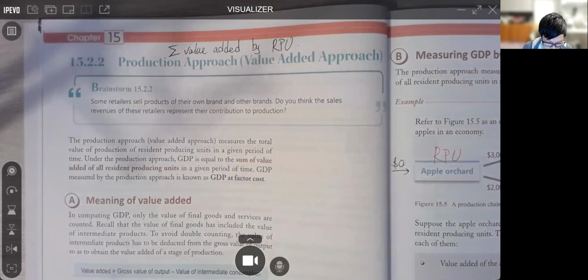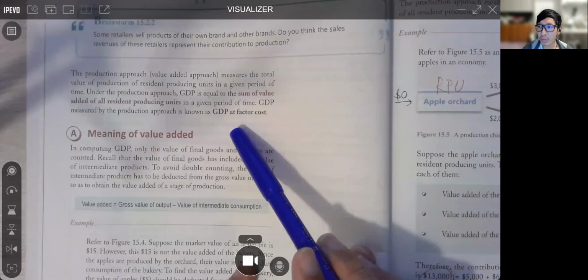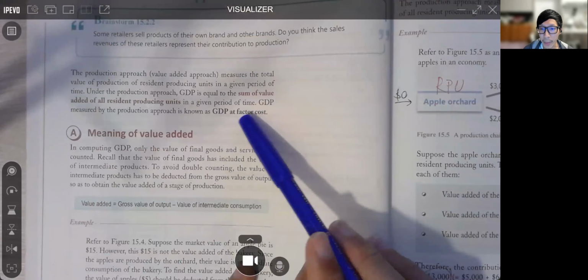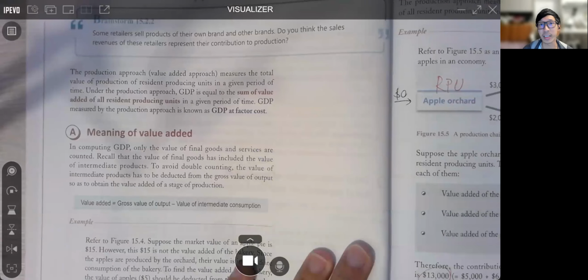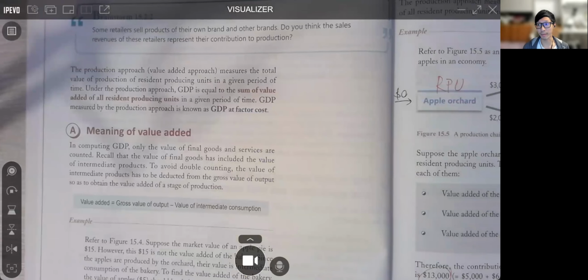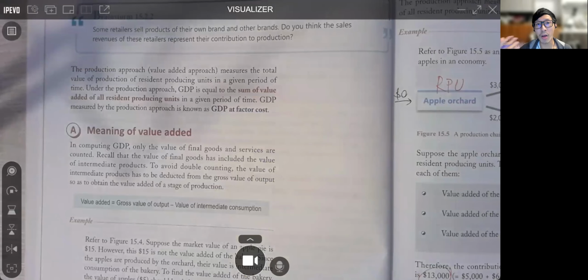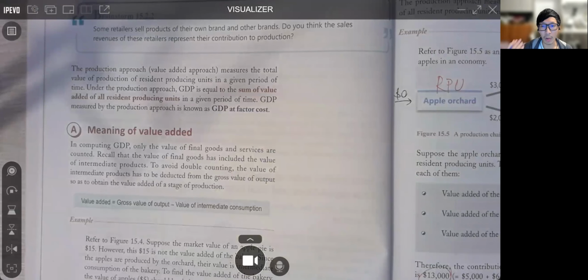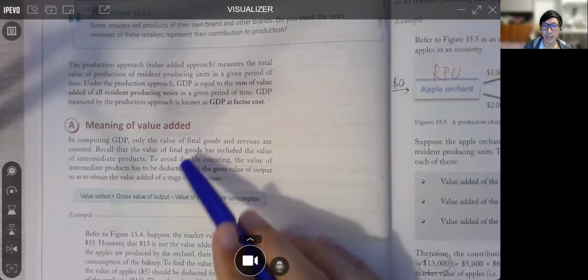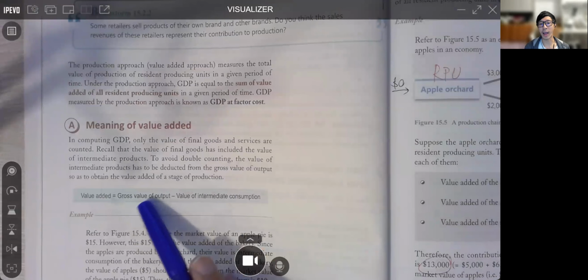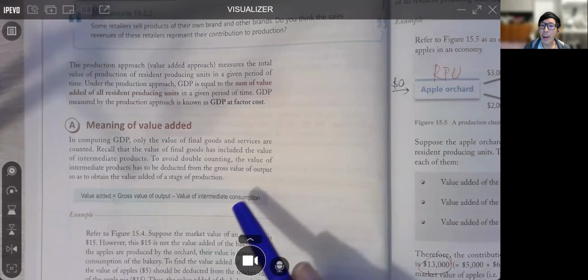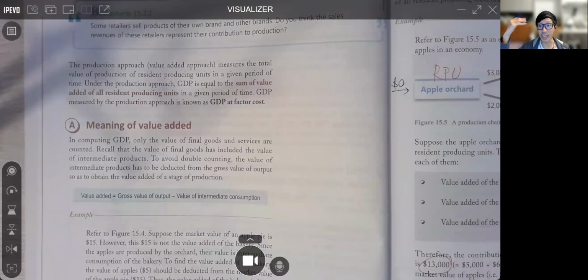Remember, most of the time we will be calculating at factor cost, versus in the expenditure approach, where we will be talking about the market price. Sir, what is value added? It is simply the value of output minus the value of input.